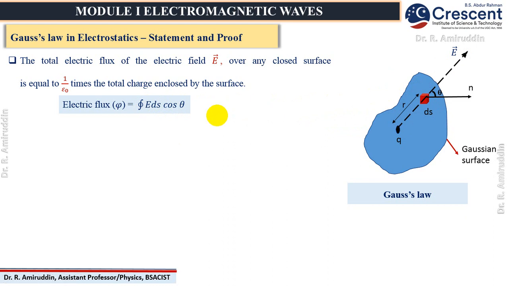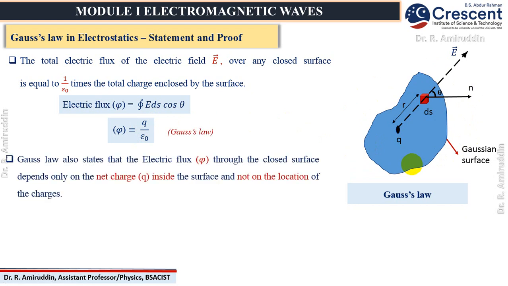Now Gauss law states that the electric flux phi, we can simplify and write as 1 by epsilon naught times the charge which is placed within the Gaussian surface. Gauss law also states that the electric flux phi through the closed surface depends only on the net charge present within the surface and not on the location of the charge inside the surface.